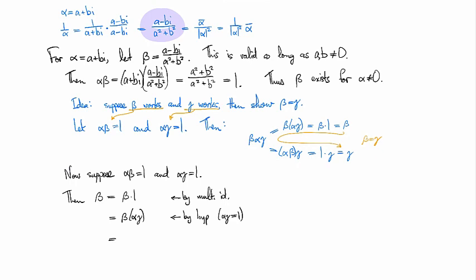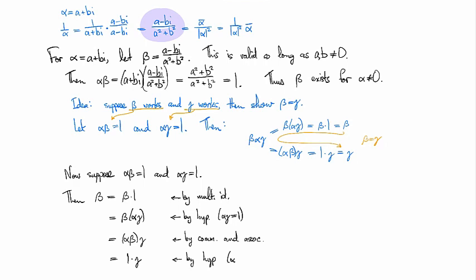And then we can rewrite this as alpha beta times gamma, and that's by commutativity and associativity. And then this is going to be 1 times gamma by hypothesis again.